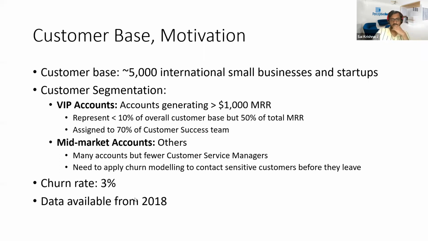So the churn rate was 3%. Though the company was started in 2014, they have this data available only from 2018, because they established their data team only in 2018. Only after that they started recording all of their operational data, the customer interaction data, feedback data, and so on. So the data available is only from 2018.